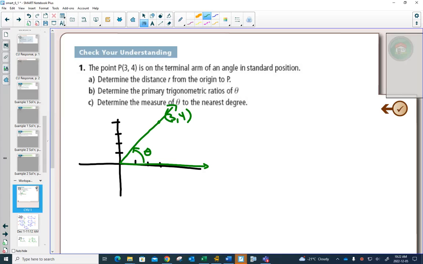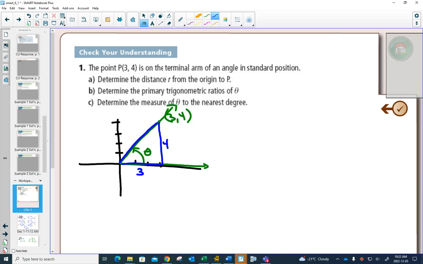And we are in a trigonometry unit, so every time you're given a point like that, you can draw a triangle. Can you see that if I go straight down to the x-axis, I would make a triangle where this side is 3, this side is 4.